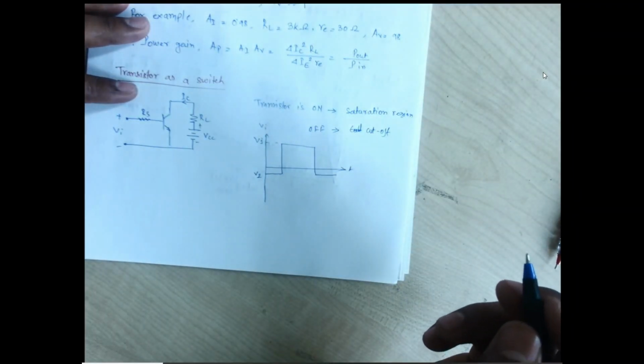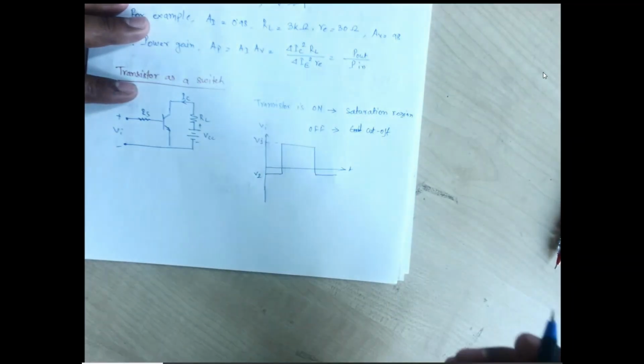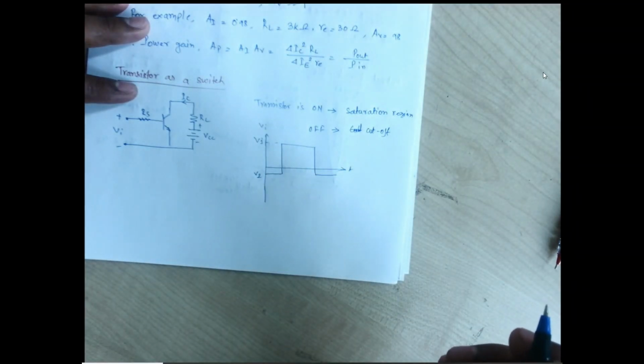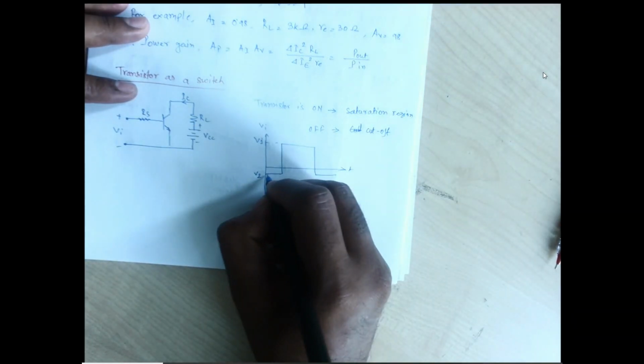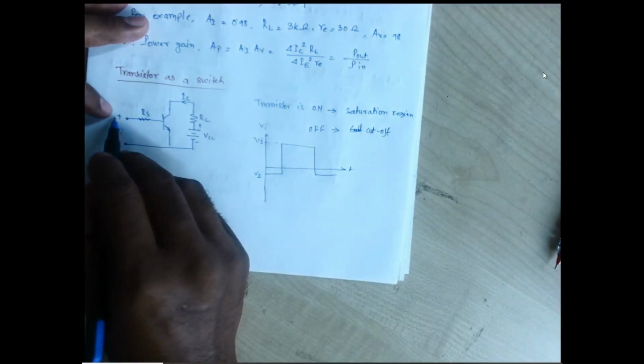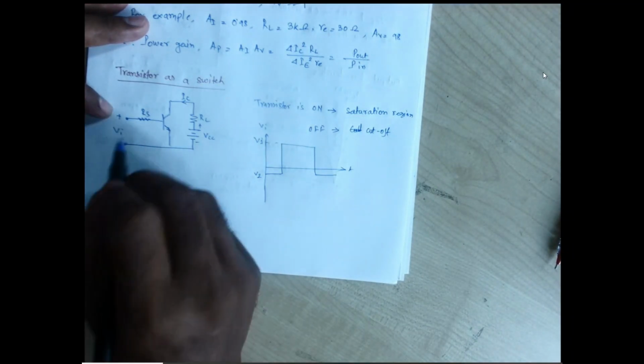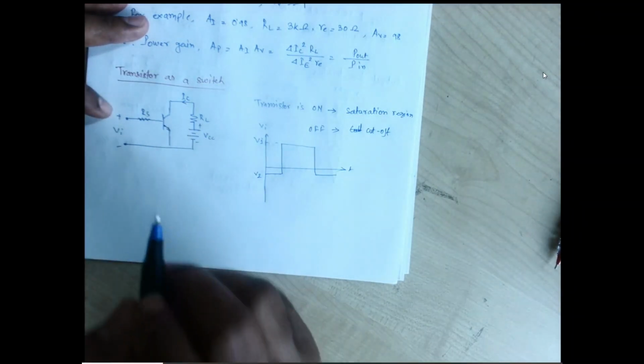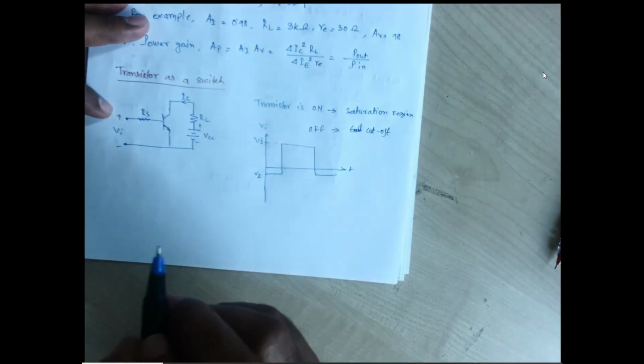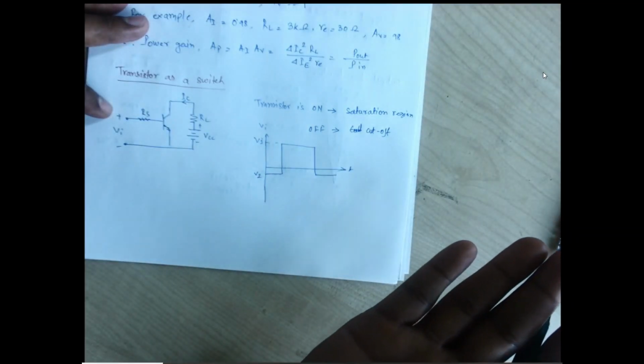So initially if Vi is V2, the transistor is in the cutoff state. V2 is somewhat negative, right? So this should be negative. So the input side is also in the reverse bias, and the output is already in the reverse bias.